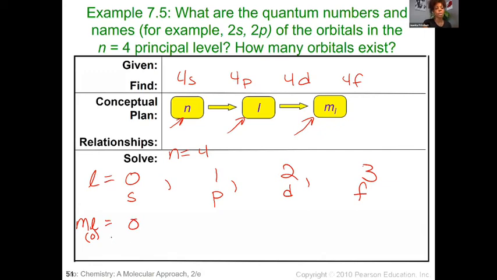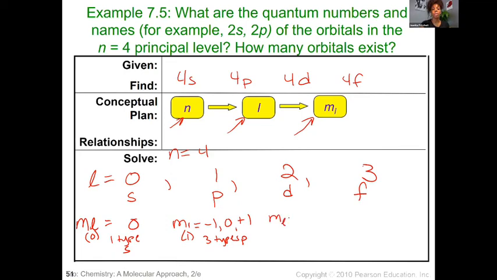And so that tells me we have one type of s orbital present. When L is equal to 1, the ML values would be -1, 0, +1. That means we have 3 types of p orbitals that exist, 3 different orientations.